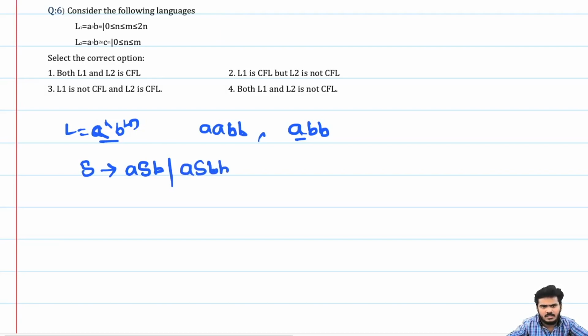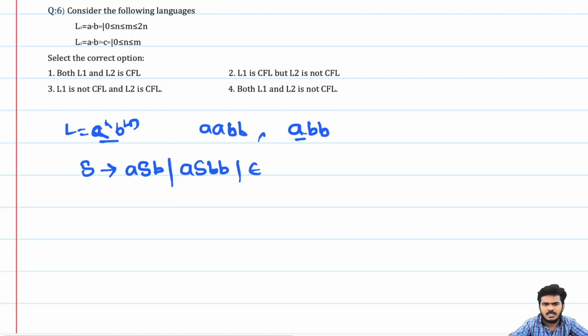Or when n is equal to 0, we get epsilon. So these are the productions, and we know that we are able to design a PDA for this. So we can say that this is a context free grammar. Whatever we have written is a context free grammar, and it generates the given language L1, generated by these written productions.